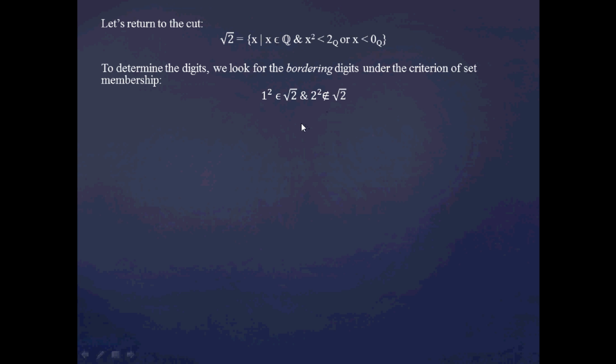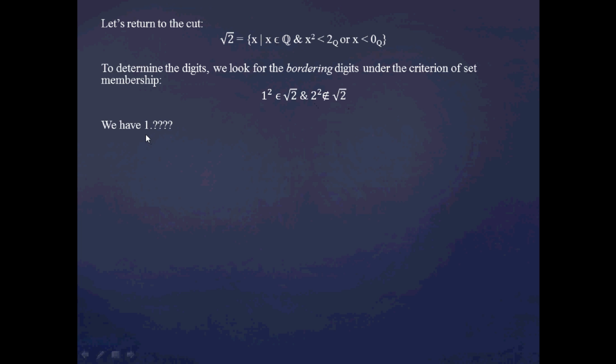So let's take care of the first digit. Let's try sticking a 1 in there. So we find that 1 squared, and now this is all rational number arithmetic, so this is completely fine. 1 squared is 1, and that number is going to be in the set, the square root of 2. And then we find that if we go one more place up, 2 squared is 4, and the rational number 4 is not in this set.